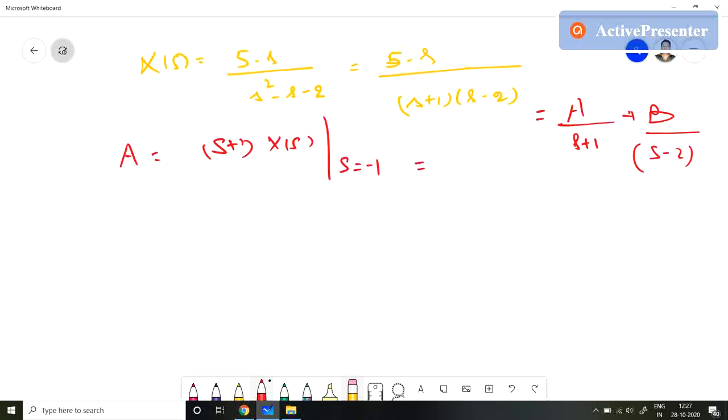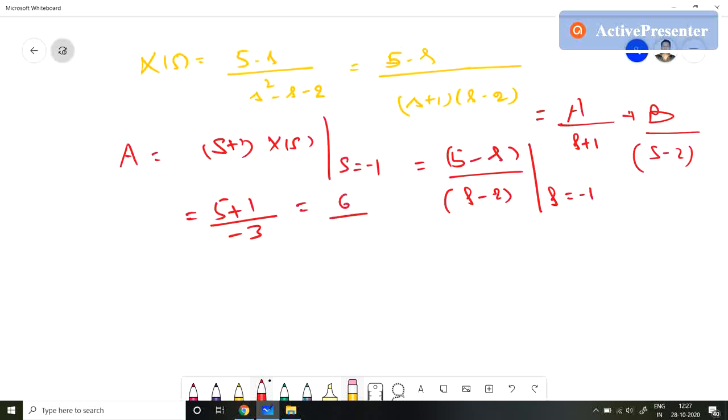So it is equal to 5 minus s divided by s minus 2 at s equal to minus 1, which is 5 plus 1 divided by minus 3, that is 6 divided by minus 3, equal to minus 2. So A is equal to minus 2.